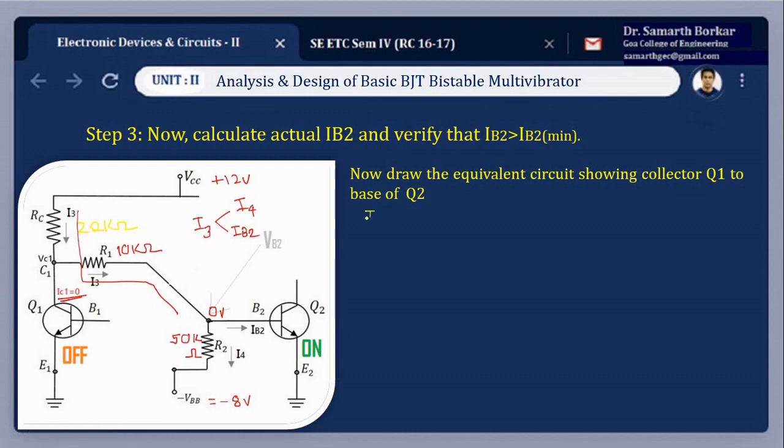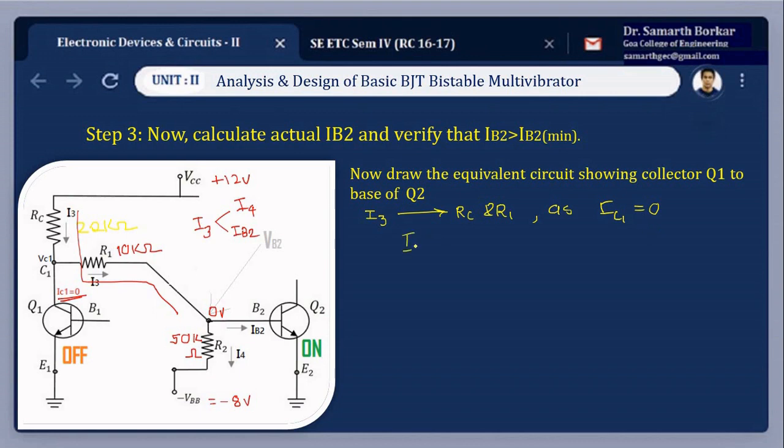Now I3 is the current through RC and R1, as IC1 equals 0. Why is it 0? Because the transistor Q1 is off.